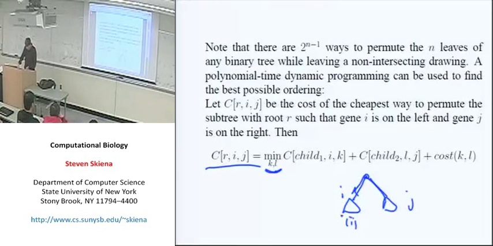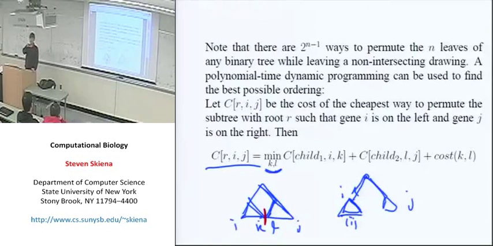Okay. So what is it going to be? My claim is that the cost of any drawing of this type is going to put I on the left, and some vertex K from the left side over here. The other subtree will have J on the right, and some vertex L from the subtree that is going to be kissing the subtree vertex over there.